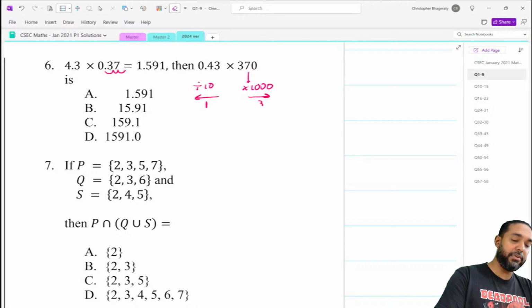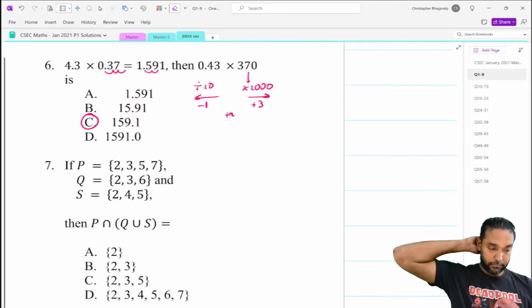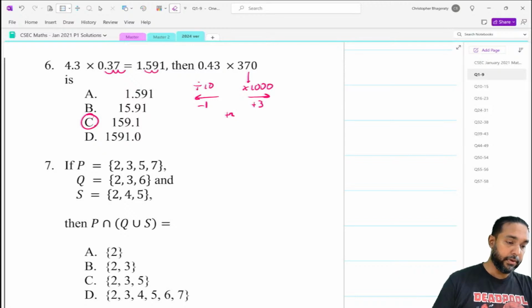So it went this way 3 times. So you kind of have like a -1 and a +3. And -1 plus 3 is +2. So what that means, long story short, is that in your answer, this is going to shift 2 spaces to the right. So you have 159.1. So divide by 10, multiply by 1,000, nets off to multiply by 100.